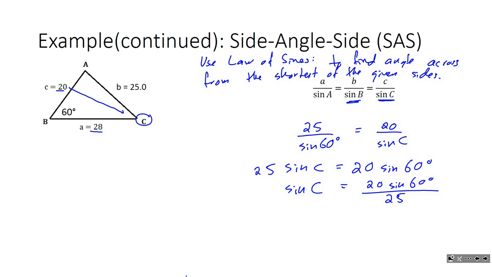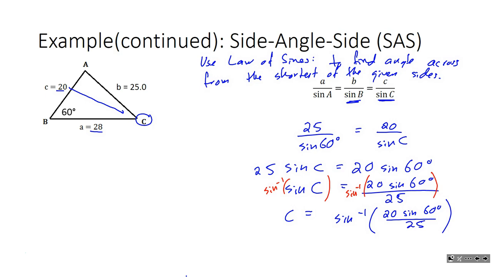We want to first algebraically solve for C. Now the way it works there is we want to get rid of the sine in front of C. You can do that by applying its inverse. Now what's the inverse of sine? Well, inverse sine. So you'll apply inverse sine to both of these. On the left-hand side, sine and its inverse will cancel out, leaving just C, and on the right-hand side, you'll have inverse sine of that fraction there.